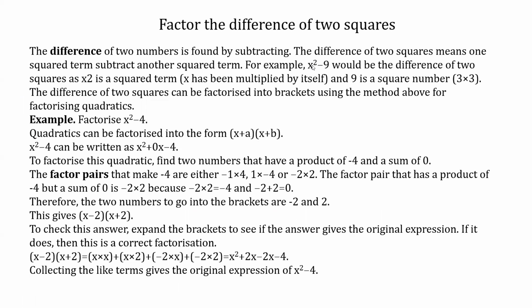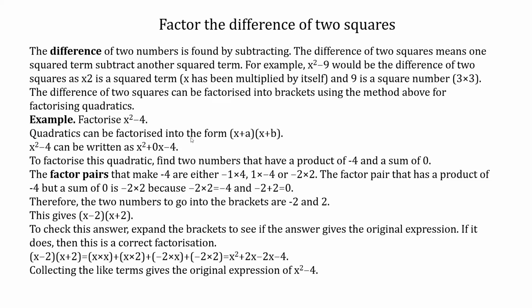For example, x squared minus 9 would be a difference of two squares, as x squared is a squared term that has been multiplied by itself, and 9 is a squared number, 3 times 3. The difference of two squares can be factorized into brackets using the method above. So, for example, factorize this expression: x squared minus 4.